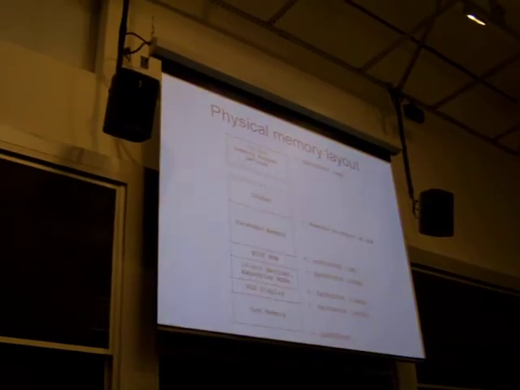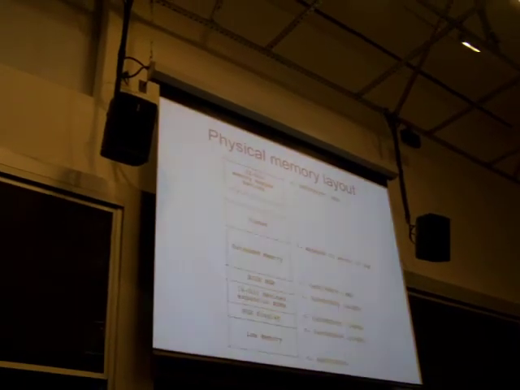Okay. So then this is a picture you probably see a lot. This is basically the physical memory layout of the PC today. Basically, as memories got bigger and bigger, things got moved around and evolved. Right?